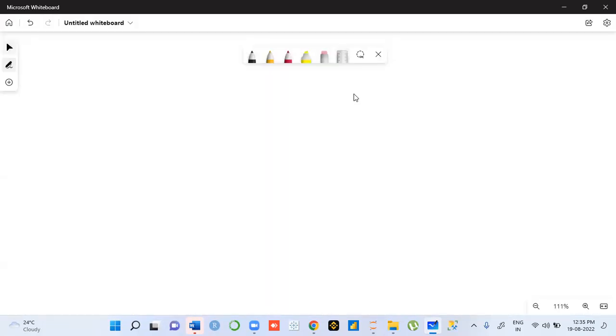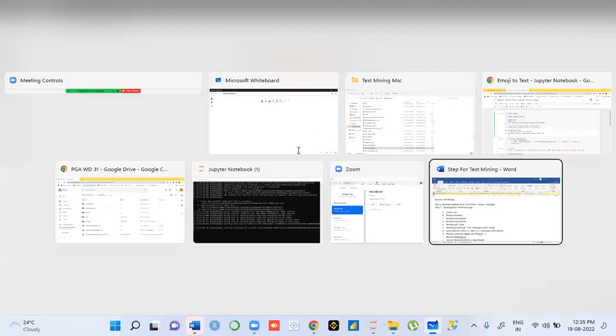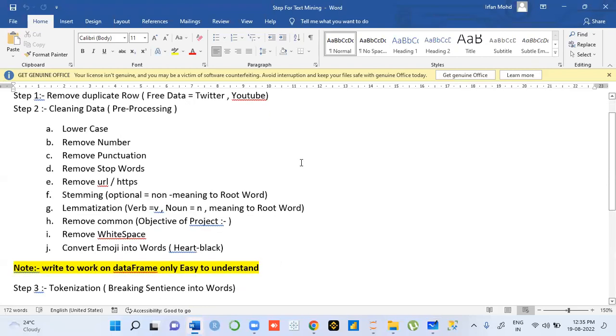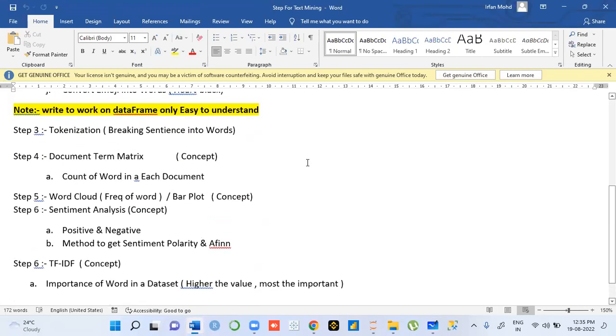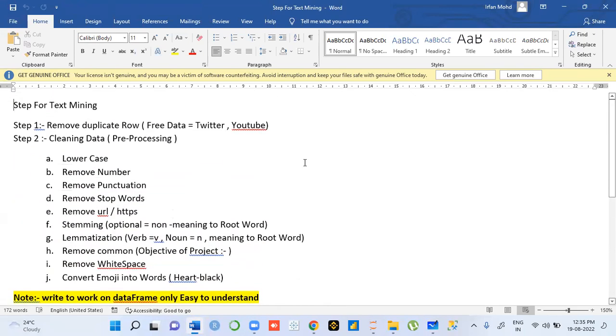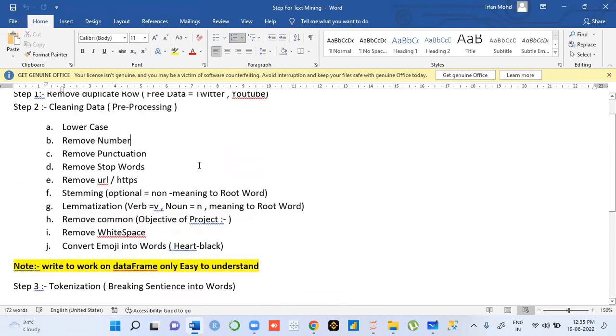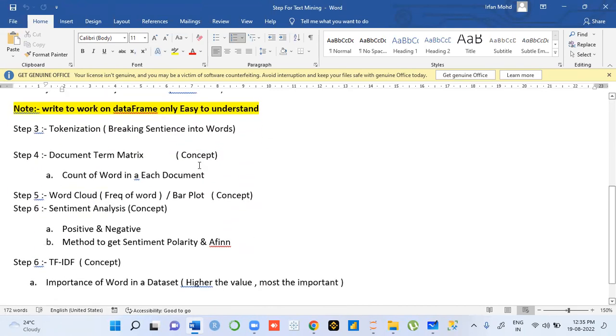Guys, theory you can write later. I'll just cross check for text mining. Have you written these steps or not? I made you write only this one, cleaning. So you can write from there, step 3, 4 continues.